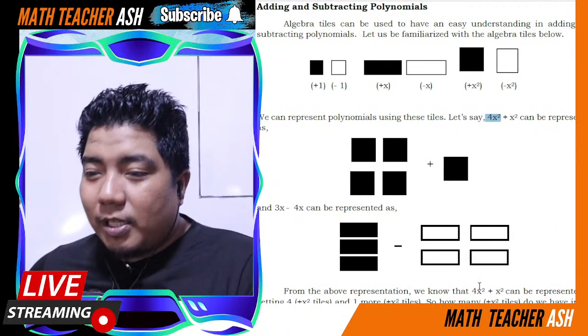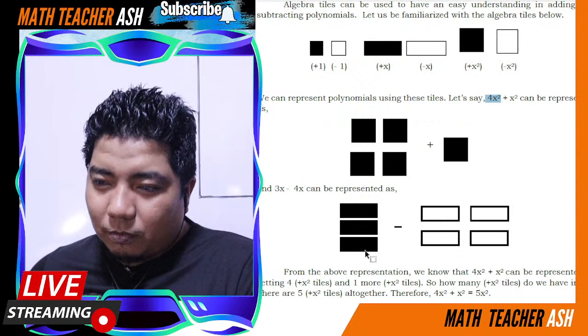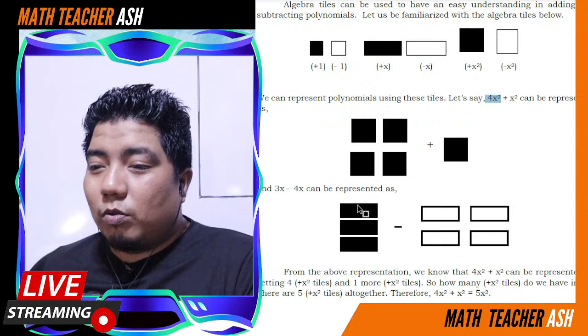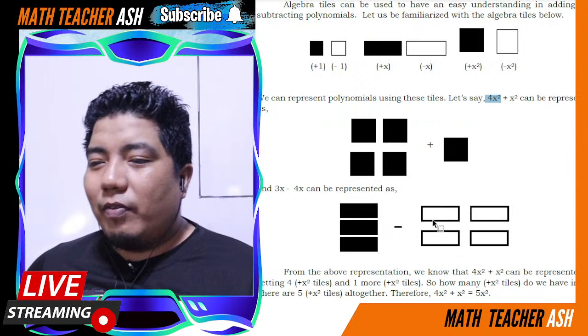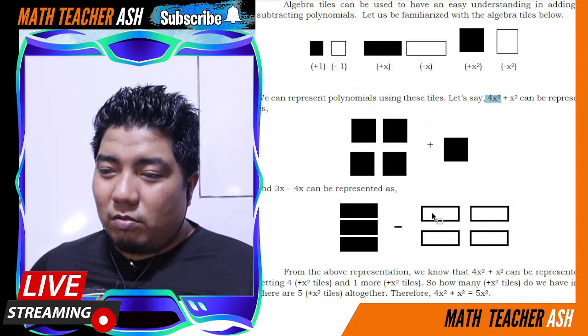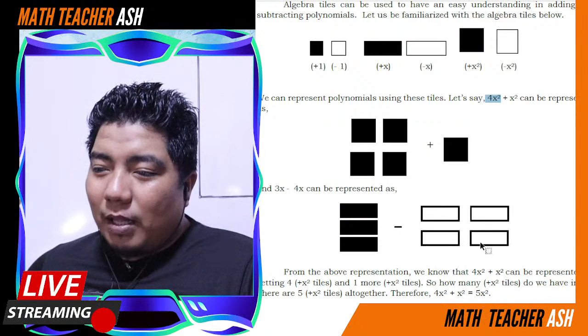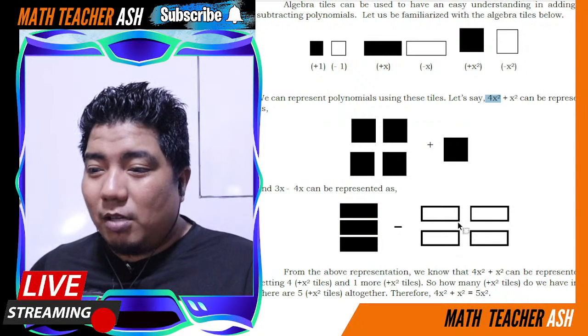And another representation is this one, 3x minus 4x. So, 3x. Alright? So, tatlong black na rectangle. And then, minus 4x. So, of course, 4 na white na rectangle. Pero technically, ito medyo nagkakaroon na ng discrepancy, my dear math learners, right?